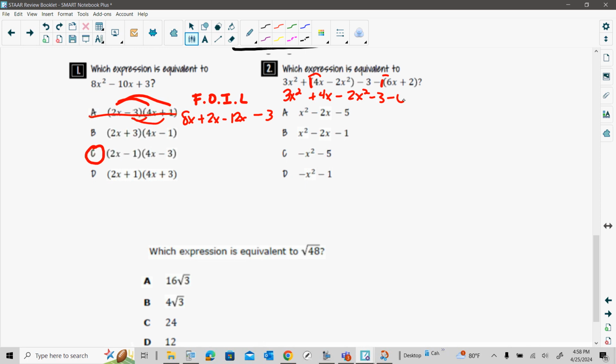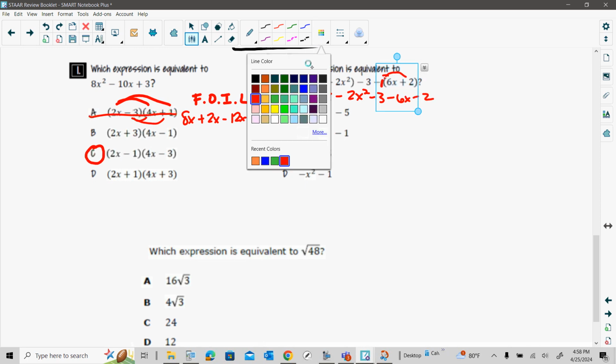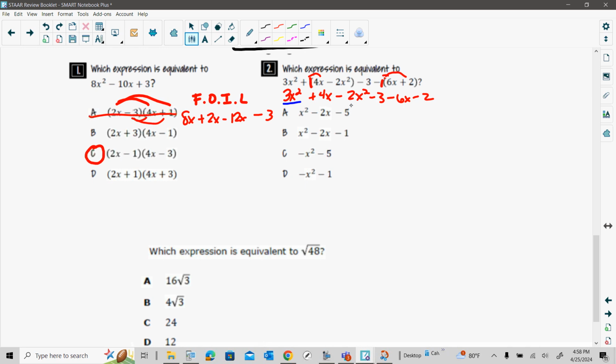So then minus 6x, distribute that negative 1 again, minus 2. And then here I can combine my like terms. So that's an x squared, combine my x's, that's minus 2x, and then combine my constants, that's minus 5. And so this was A.